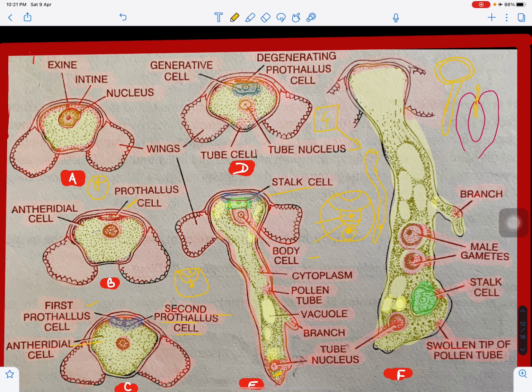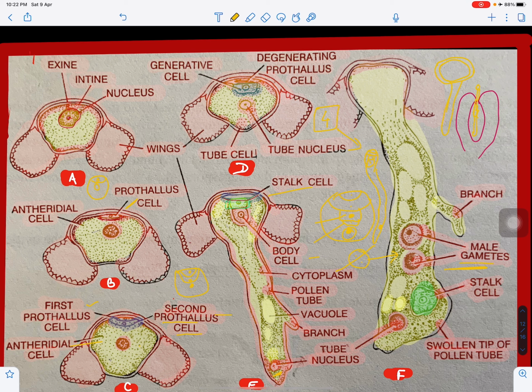And here the two prothallus cells will degenerate, then the generative cell, and then this is the body cell. Now this body cell will further divide into two cells like this. This will form two male gametes. So when this pollen grain has fallen on the ovule, it will further penetrate and carry the two male gametes.